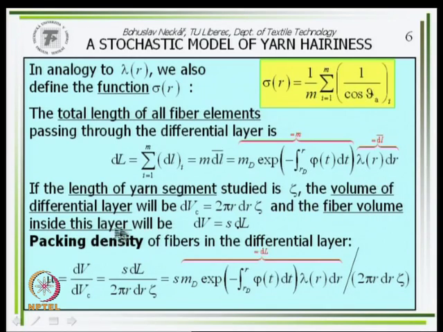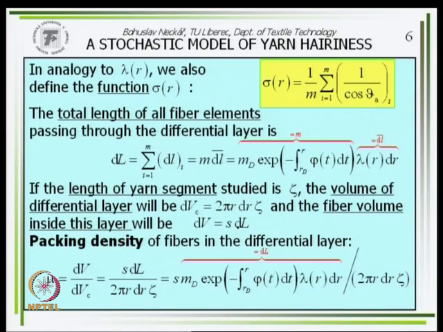The fiber volume inside this layer is the total length of fiber elements which are protruding through our differential layer, D capital L, which we derived, times the fiber cross section, S.